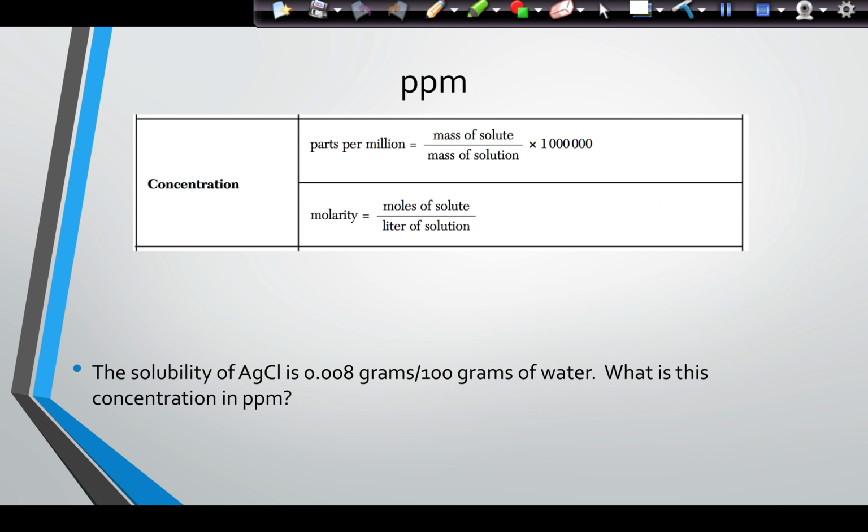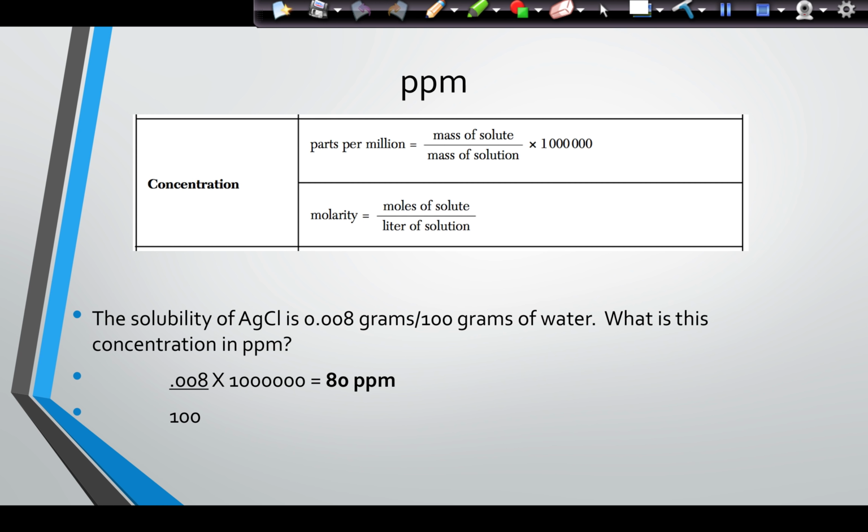The other way that we can do concentration is in parts per million. And remember that parts per million is part over whole times 1 million. If we had 0.008 grams of silver chloride in 100 grams of water, that would mean that my total amount of solution is 100.008. We would put the part over the whole times 1 million.